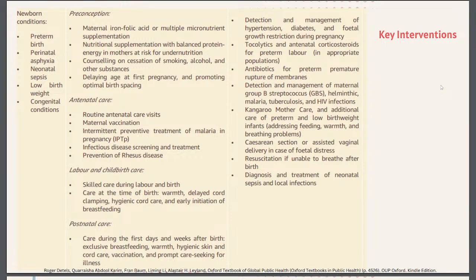So, you have to take care that the delivery table, the cord, the instrument or thread with which the cord is tied and cut, and the area where the baby is coming are all clean, so that you have fewer chances of infections. These are broken down into simpler interventions so that we prevent these infections.